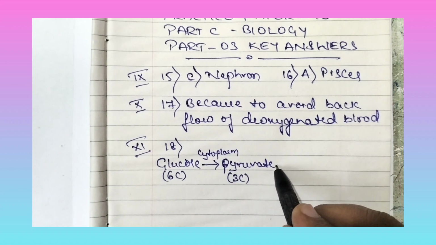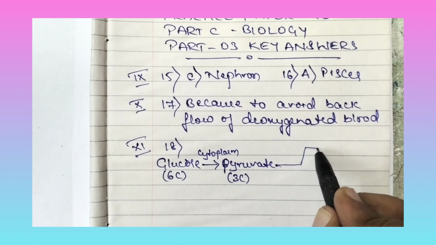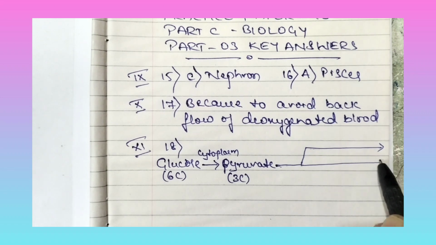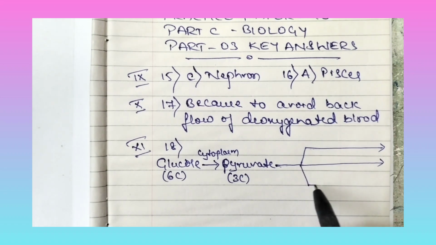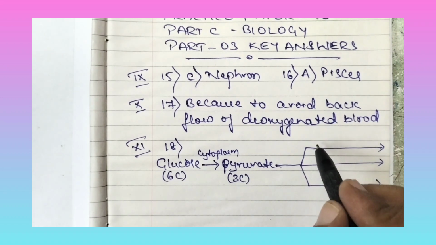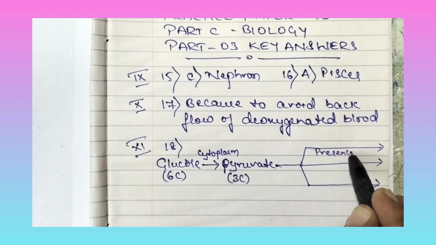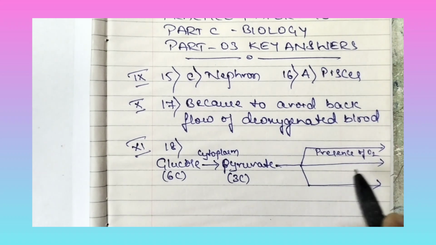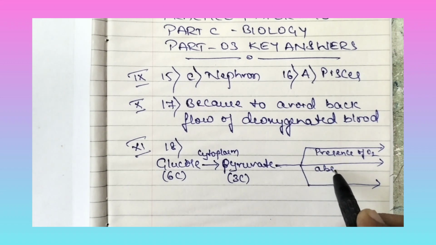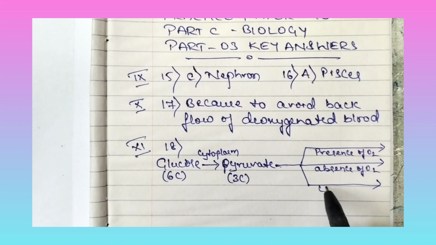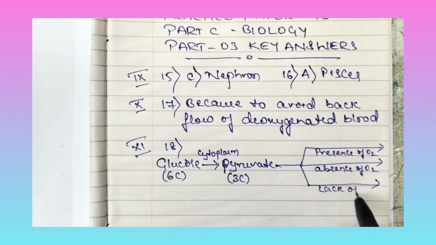Now pyruvate, what will pyruvate be converted into? Let us see. This is the pathway. Pyruvate, in presence of oxygen, in absence of oxygen, and in lack of oxygen.